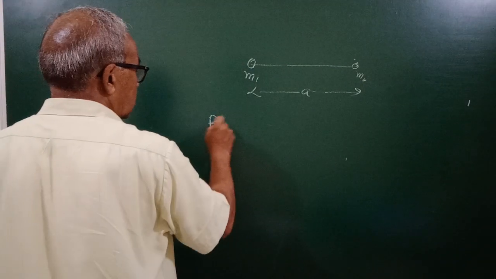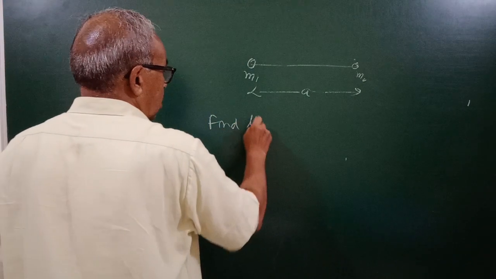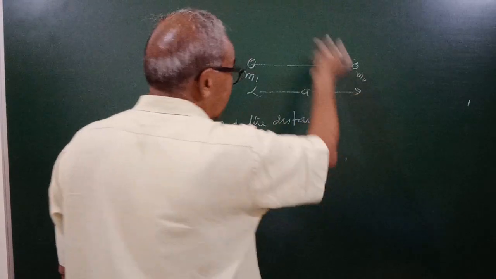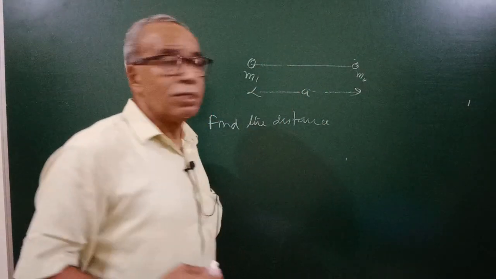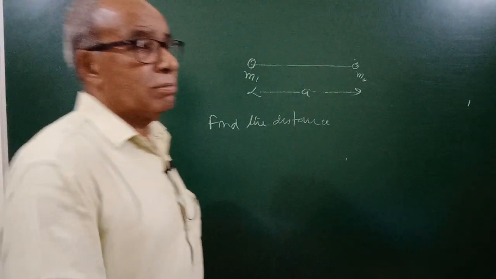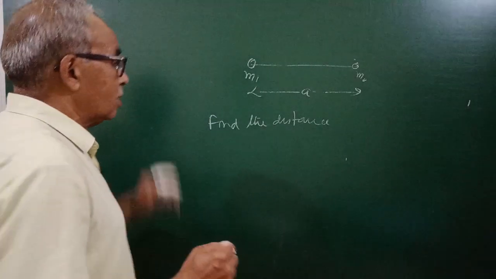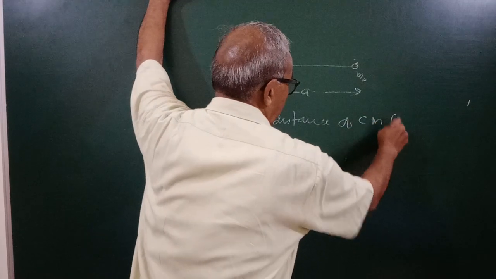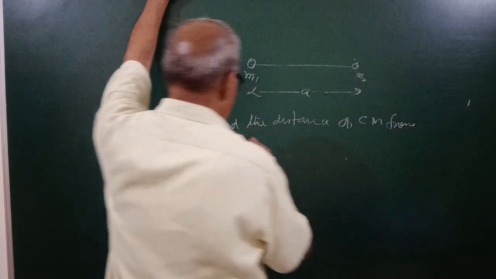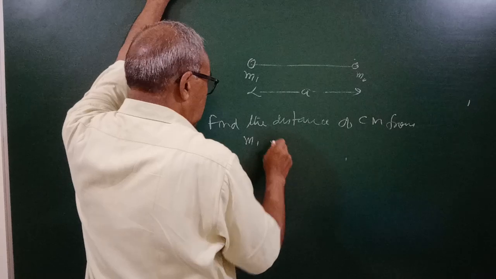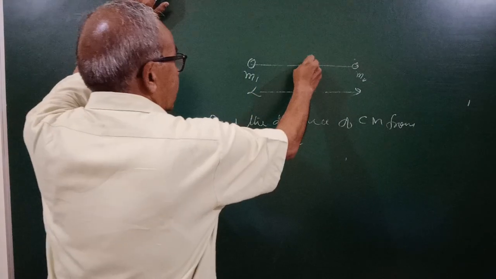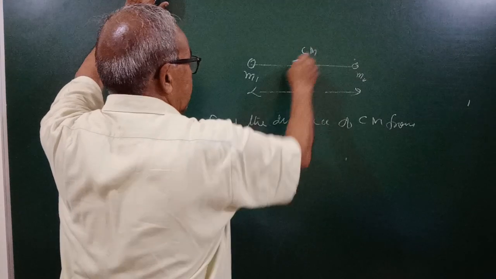We will need this while solving some problems relating to moment of inertia, torque, etc. Distance of CM from m1 and m2 both. So let the center of mass be here at distance x.